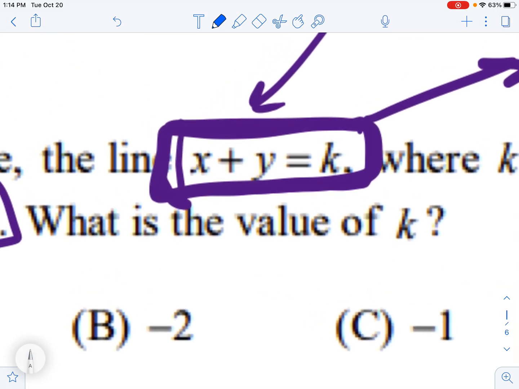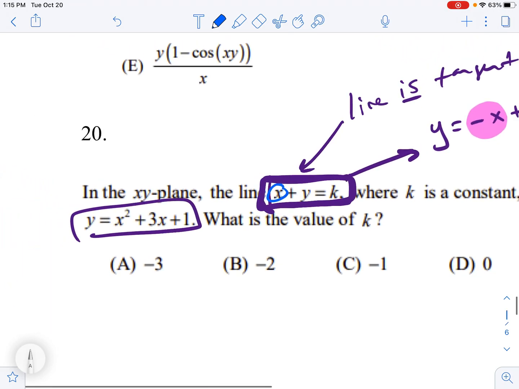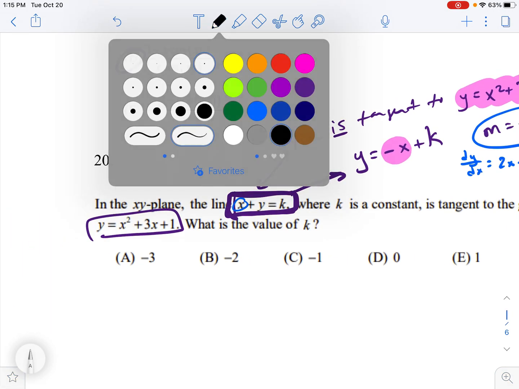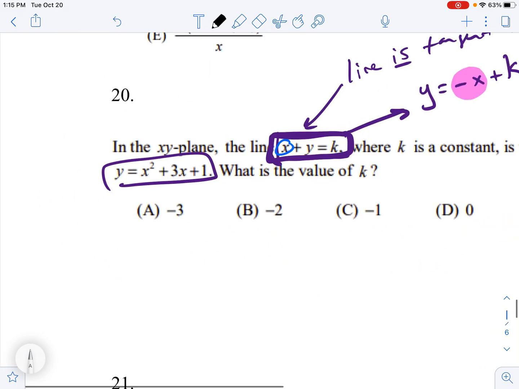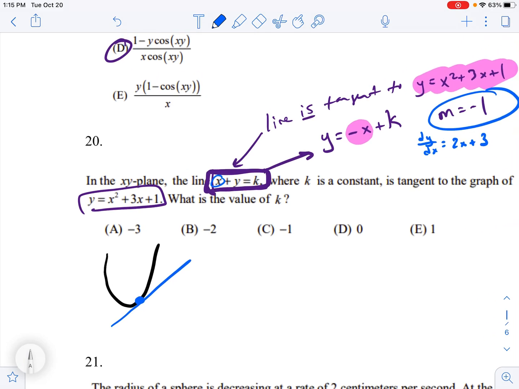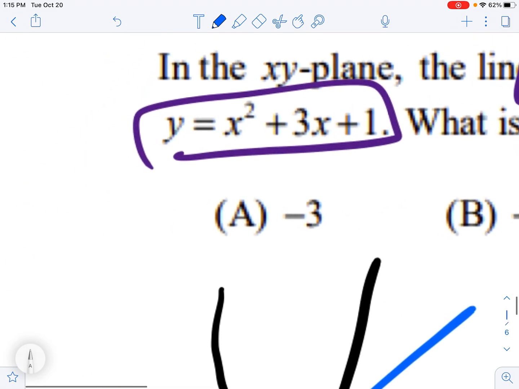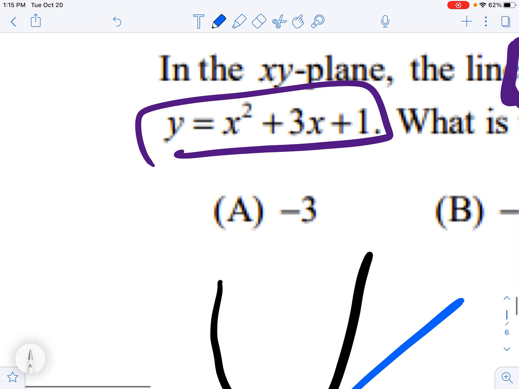Okay? So back to this equation with k. We know x is -2. Great. We still need the y value. How do we do that? Well, let's go back to this other equation in terms of x and y. So keep in mind we have this parabola, and we have this line that's tangent to it. And what do the parabola and the line do? Well, they intersect, right? So they're going to have the same coordinates as each other. That means if I know that the x value is going to be -2, I can plug it into this parabola and get the y value that way.